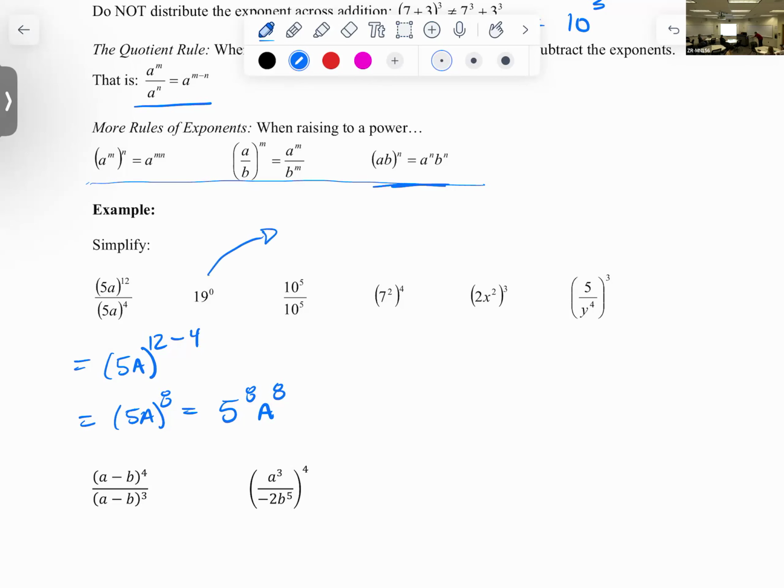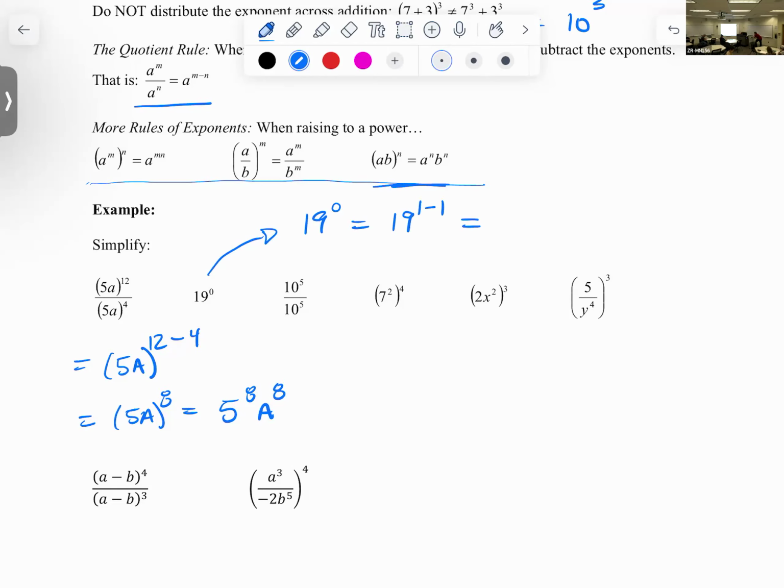All right, 0 is a special one. 19 to the 0 power. It's not 0. Let's actually rewrite that as 19 to the 1 minus 1. 1 minus 1 is 0.